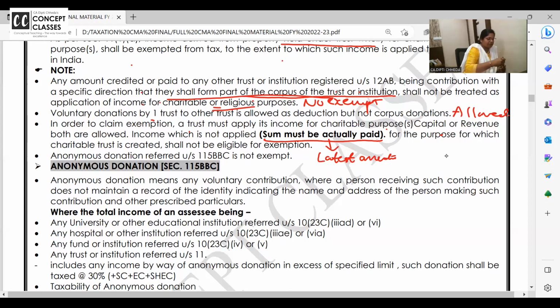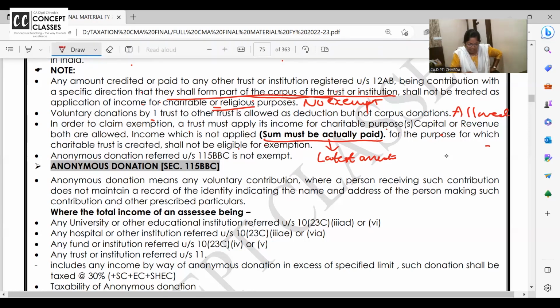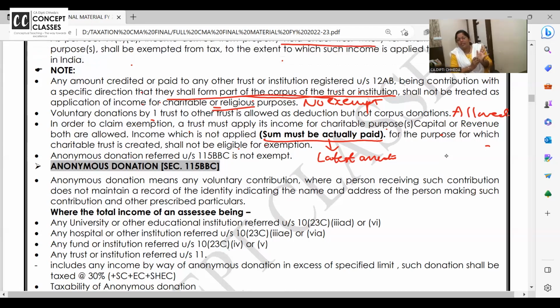Now, what does it say? Income which is not applied for the purpose for which the charitable trust is created is not eligible for exemption. In short, whatever you say you have applied, you have to actually pay for it. You cannot keep it as accrual and outstanding salary and claim it as applied. Whether it is a revenue expense or a capital expense, it must be actually paid.